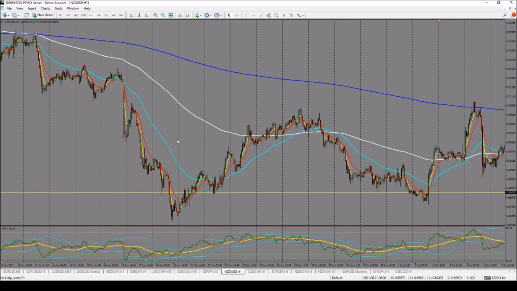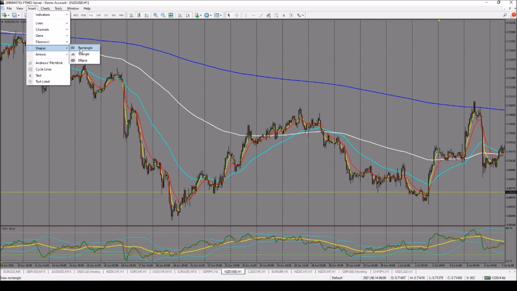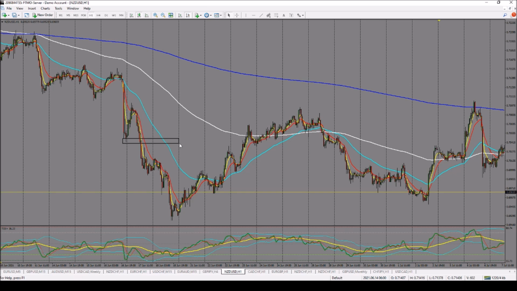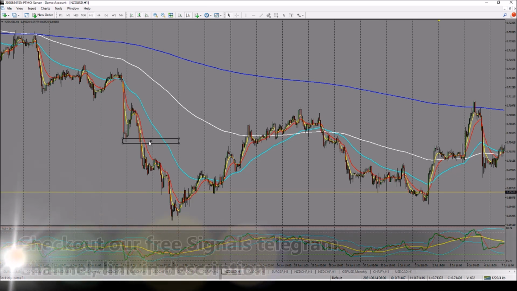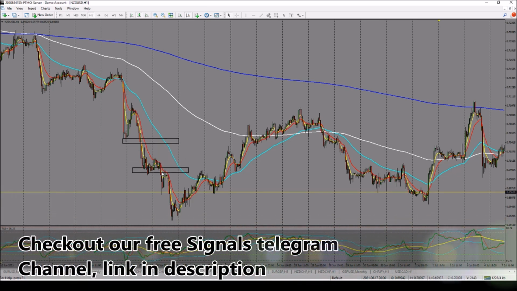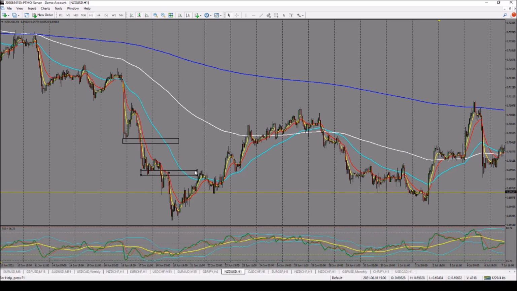I will use a rectangle to mark the order blocks. This was the first lower low, or the first order block. Then this was the second lower low, and this was the third lower low.